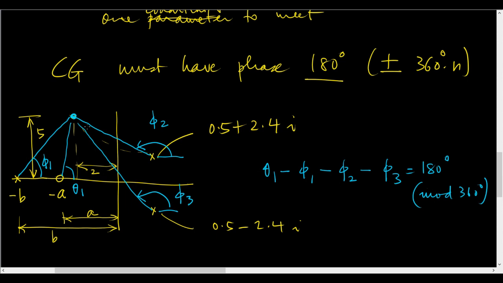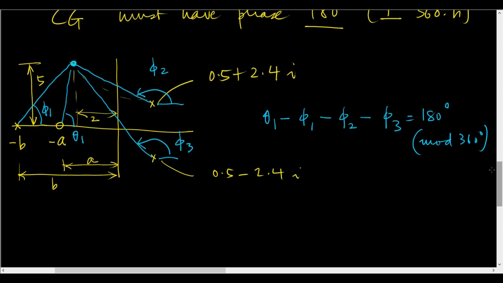And now you see it is fairly easy, because phi 2 is equal to 90 degrees plus the tan inverse of this angle, right? So that is tan inverse of this distance being 2 and that being 0.5 is 2.5, and this being 2.4 and that being 5, this is 2.6.